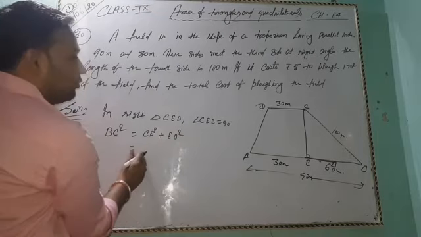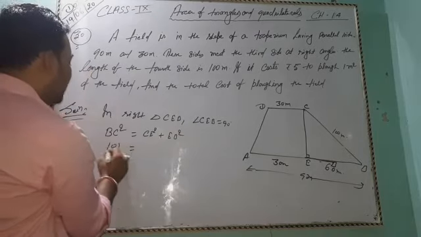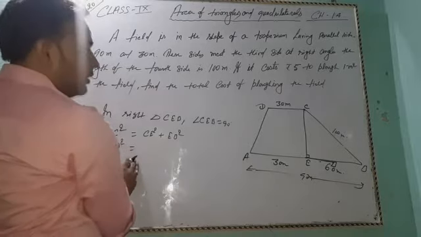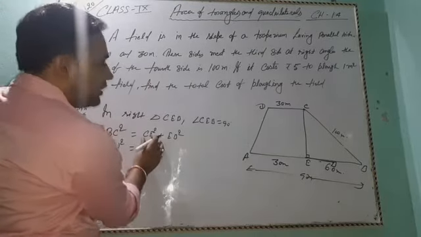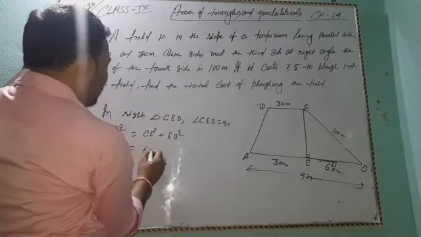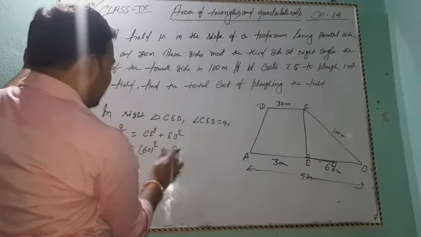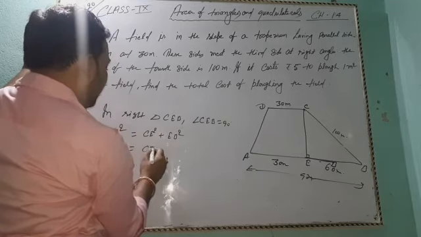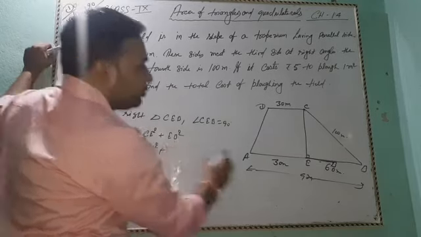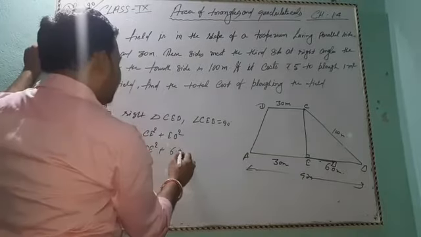So 100 square equal to CE square plus 60 square.